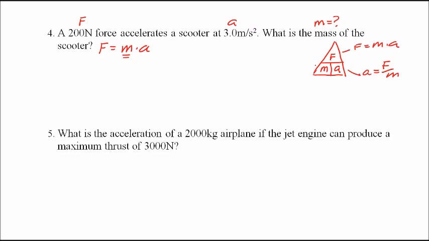And now if we want to find mass, mass is equal to force divided by acceleration. And that is the equation we're going to use in this situation. We're not going to use force equals mass times acceleration because we're actually looking for the mass. So this equation now becomes mass is equal to force divided by acceleration.